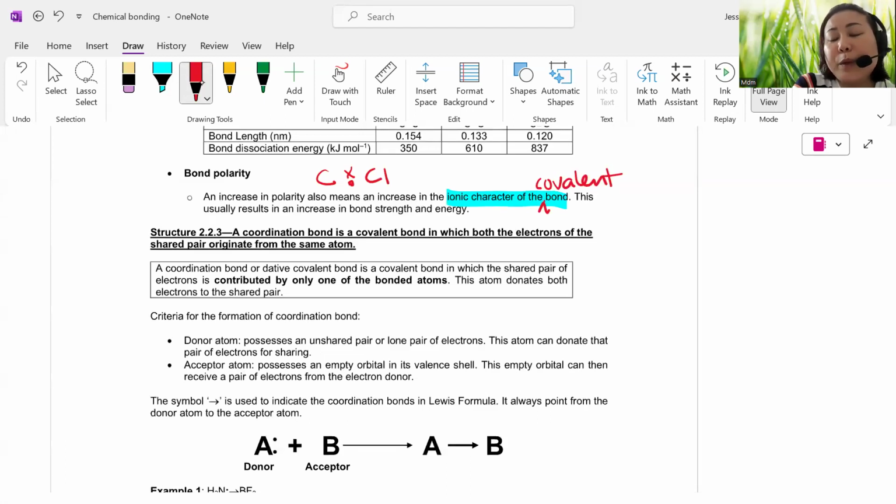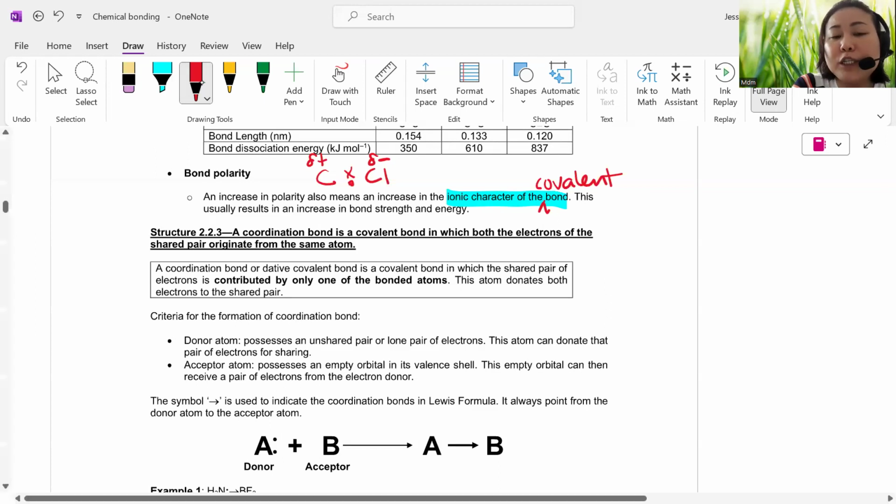So often when you see a covalent bond, and sometimes you may see symbols like delta plus, delta minus on a covalent bond, it means that that bond is a polar covalent bond and the sharing of electrons between them is not equal, but the more electronegative atom is exerting a greater attraction for the shared pair of electrons.